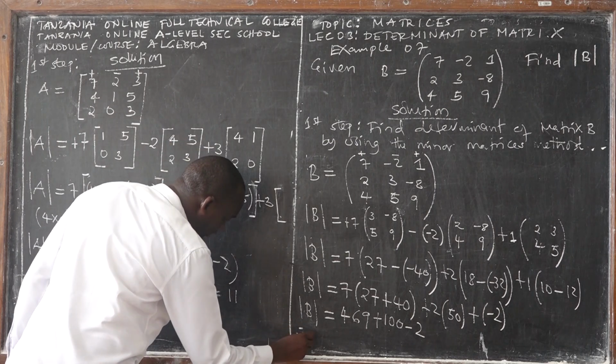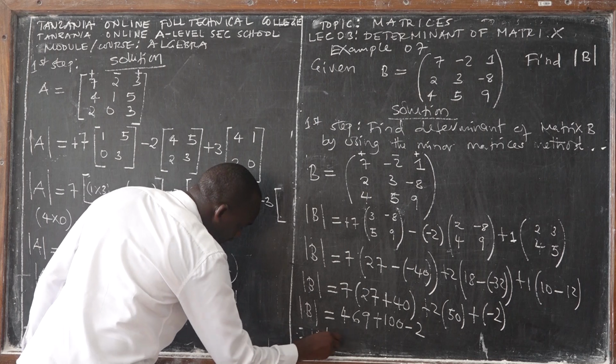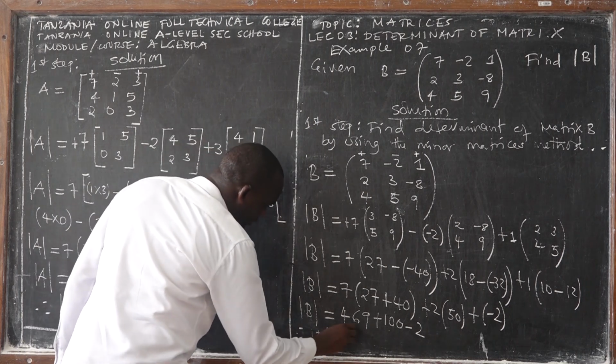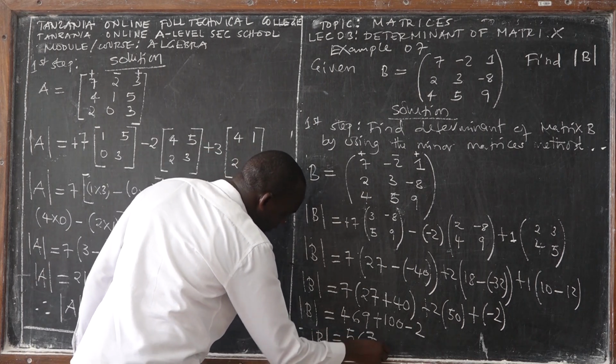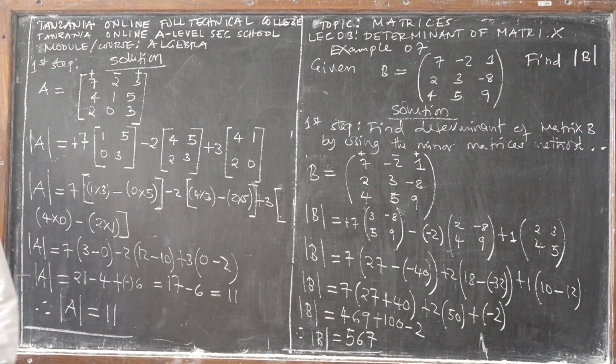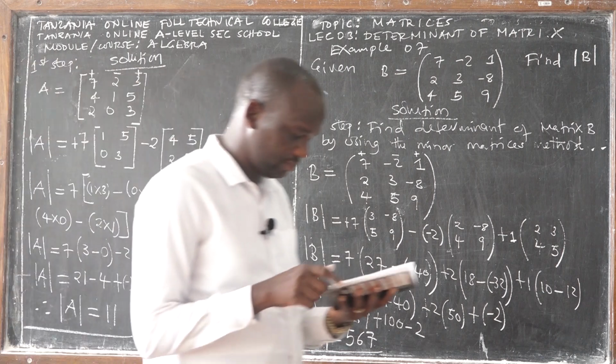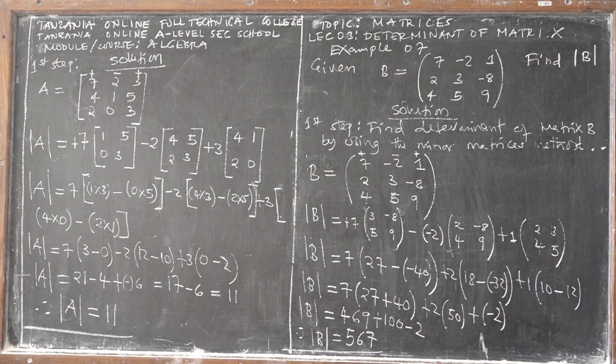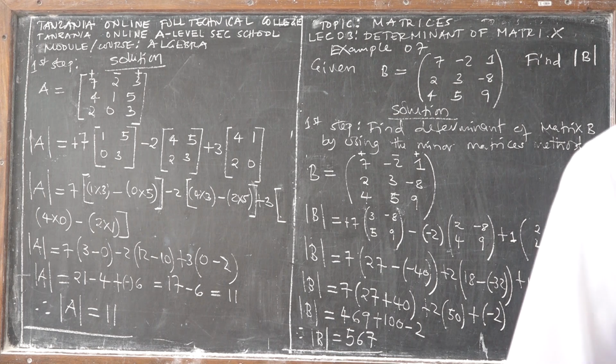So what is the determinant of matrix B? 567. But the final response, write down. 567. Okay, write down.